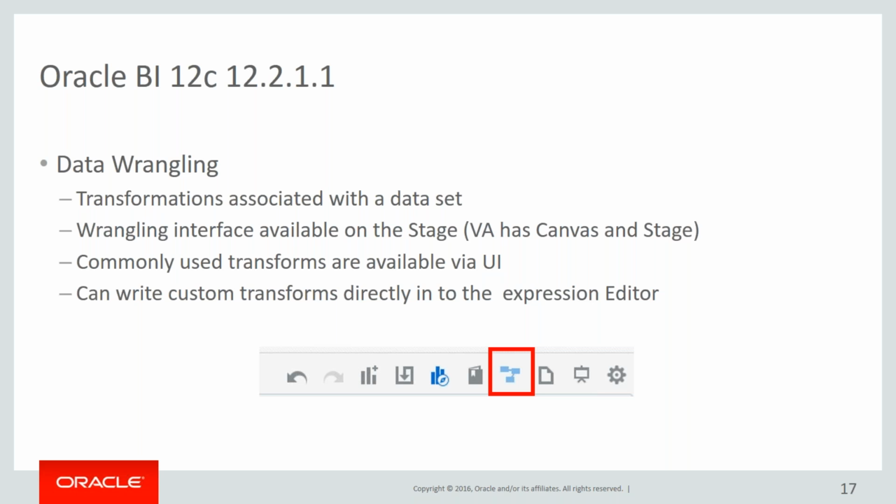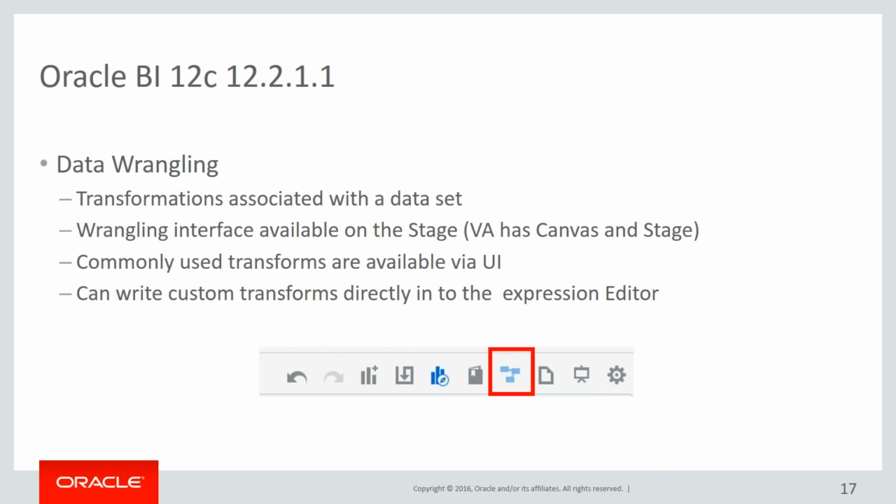Is this data wrangling capabilities. You can do transformations associated with the various data sets. You also have the wrangling interface available on the stage area, and Visual Analyzer has both in the canvas and the stage. There are some commonly used transforms that are available within the user interface. I'll show you an example of that. Or you can write your custom transforms in the expression editor.